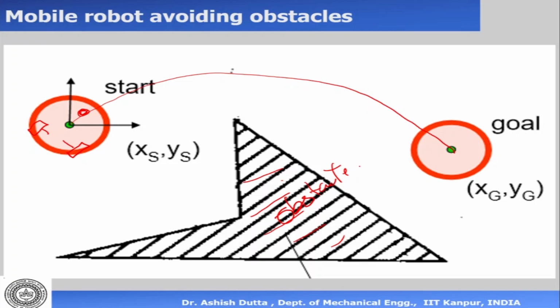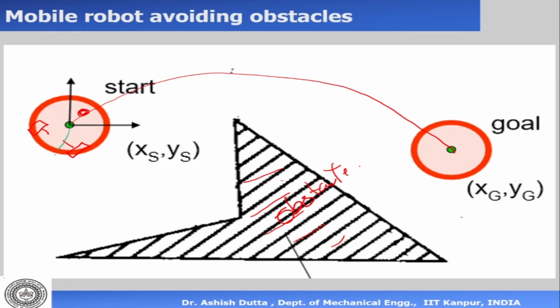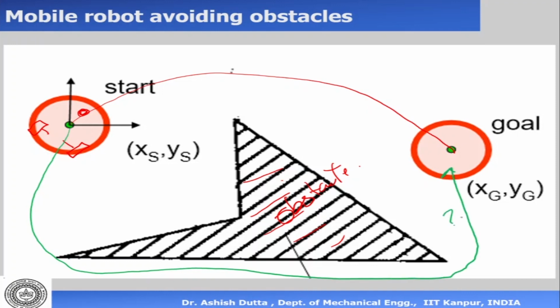Now, just for asking's sake, let us say that I want to find out if this path is possible. Is this path possible? Now this is the boundary of the workspace, so the robot cannot go outside there. So this end of the white part is a boundary. So the robot cannot go and hit there. It can't go this side.